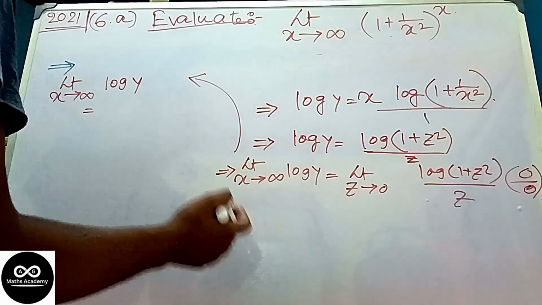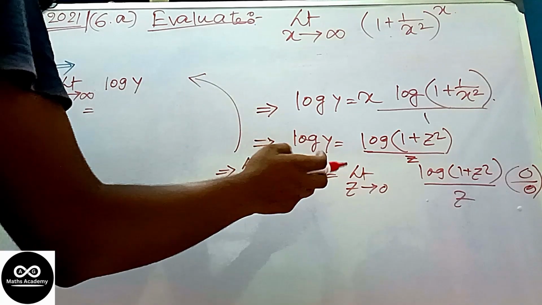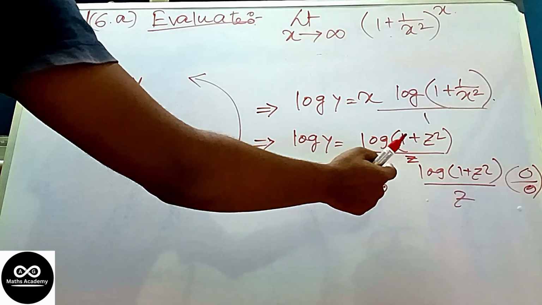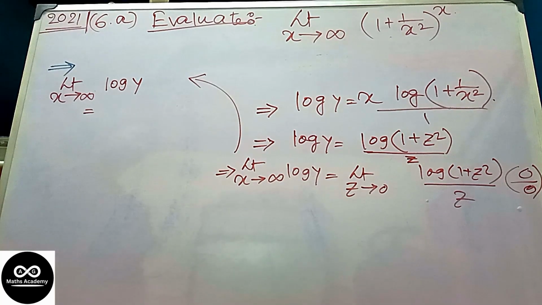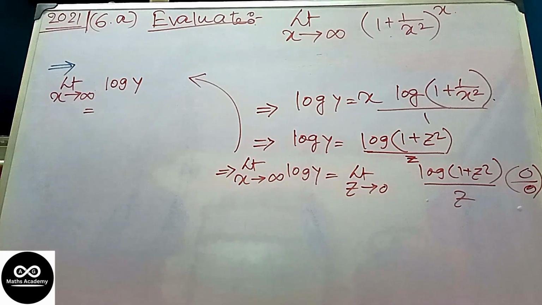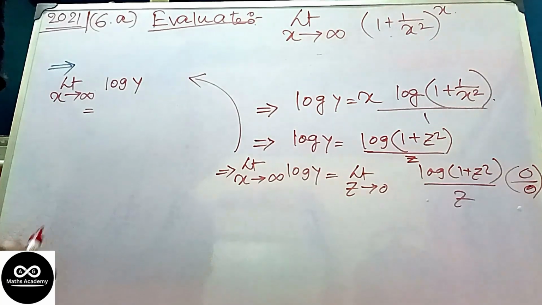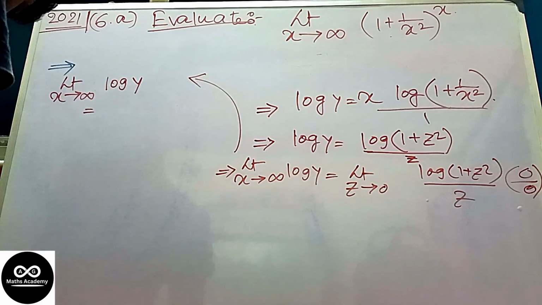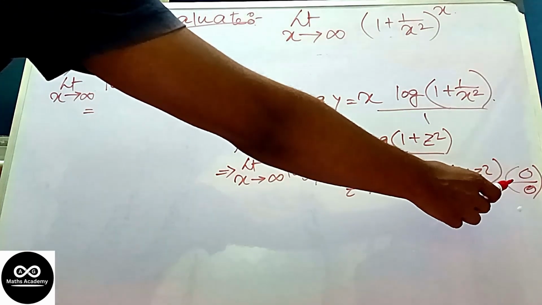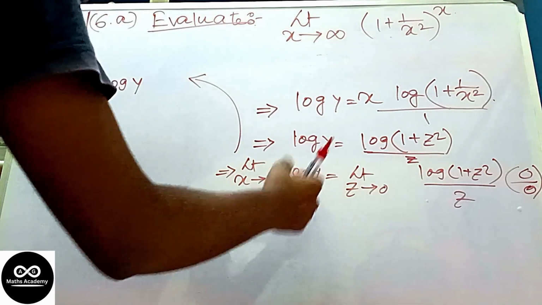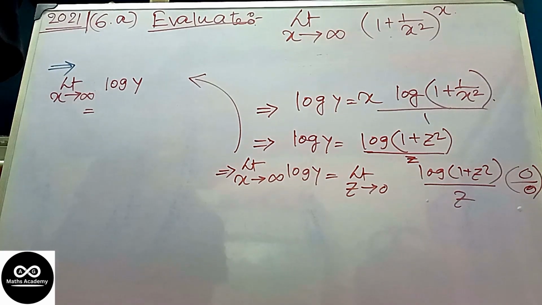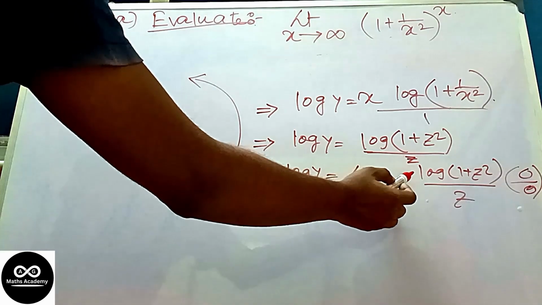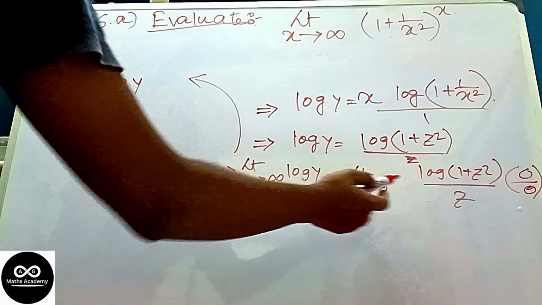So what we're going to do in this rule, we're going to differentiate. As it is in 0 by 0 form, we're gonna use the L'Hopital method. In this method, what we do is we differentiate both the numerator and the denominator.